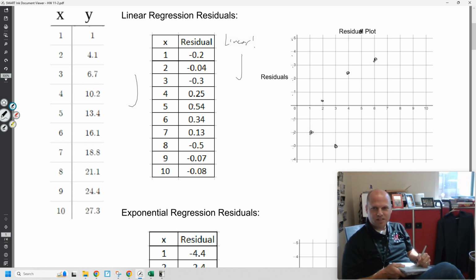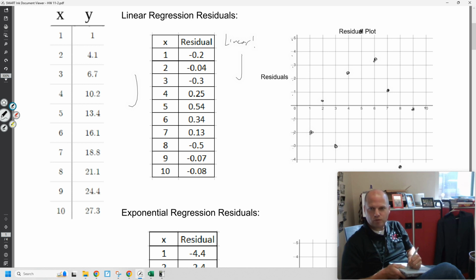AP Precalculus doesn't really care about that. AP Precalculus more likes to see randomness in your residual plot, that's good. If there is a clear pattern in your residual plot, that's bad.